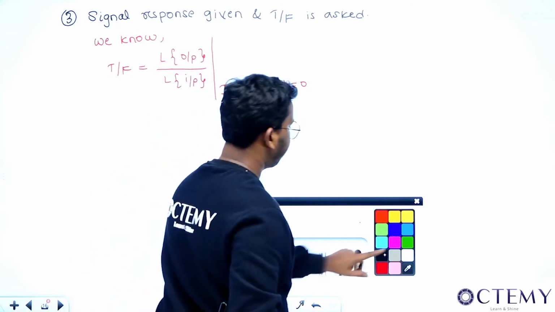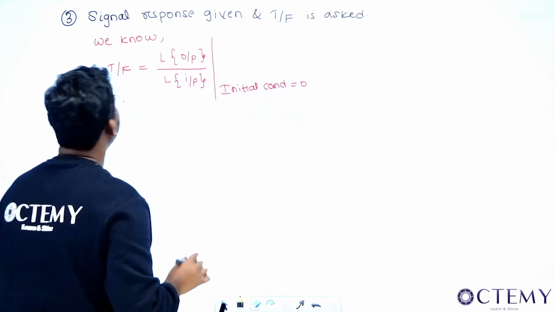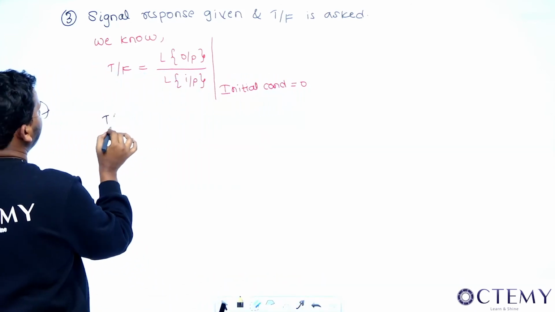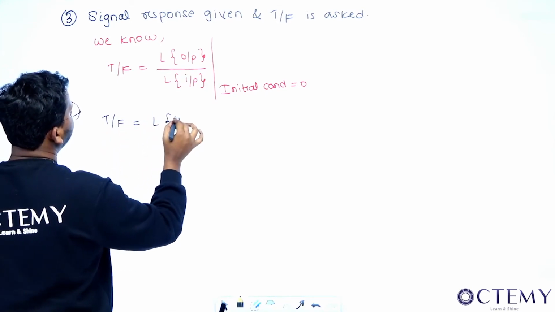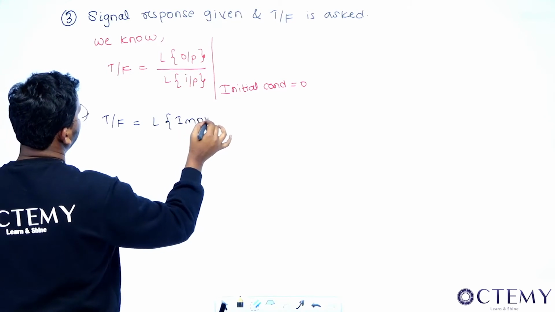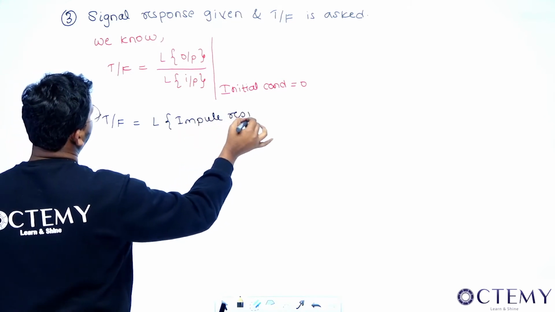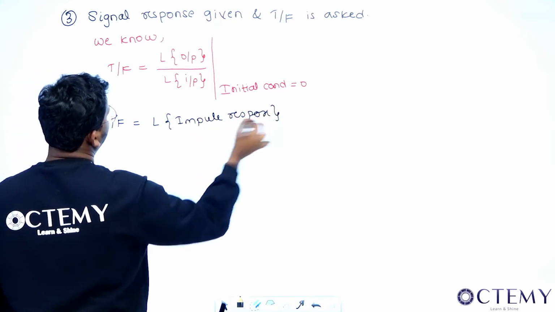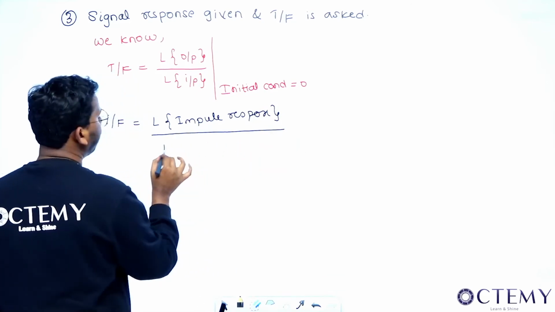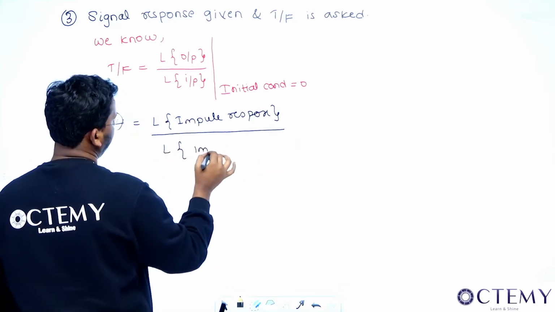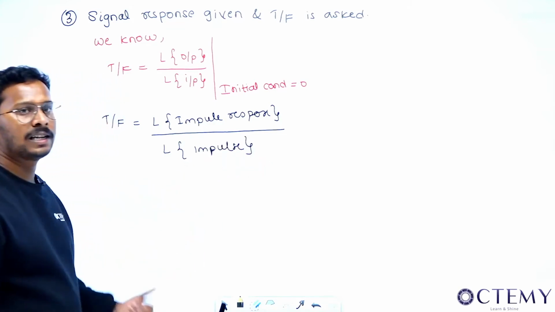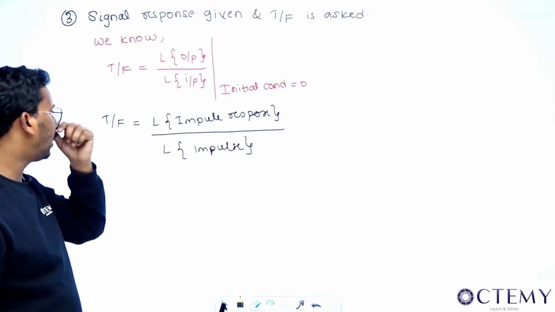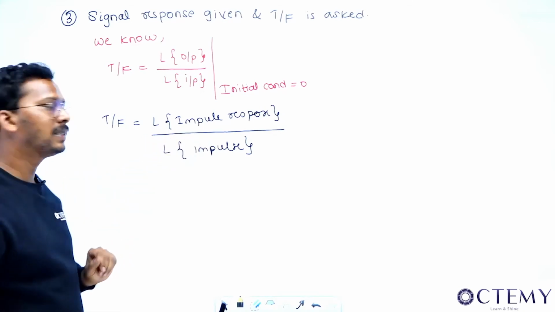Similarly, I can write here that the transfer function is equal to Laplace of the impulse response divided by Laplace of the impulse. But what is the Laplace of impulse, sir? The impulse signal's Laplace is 1. That's why we have defined another definition of the Laplace transform like this, right?